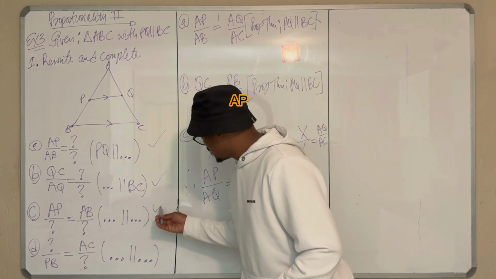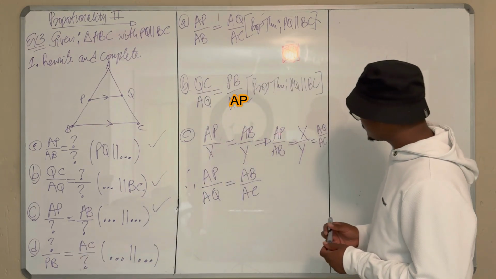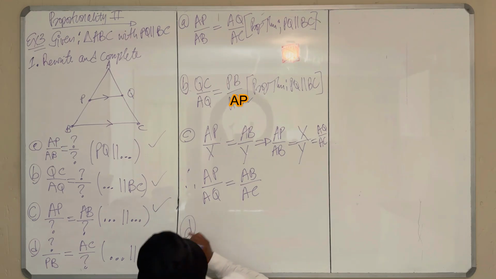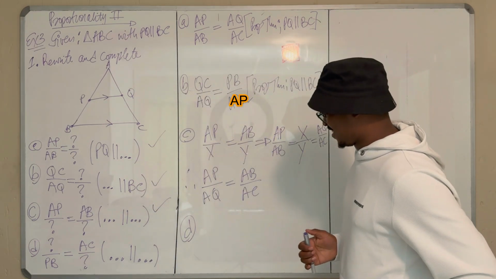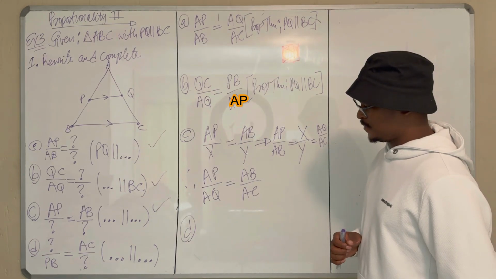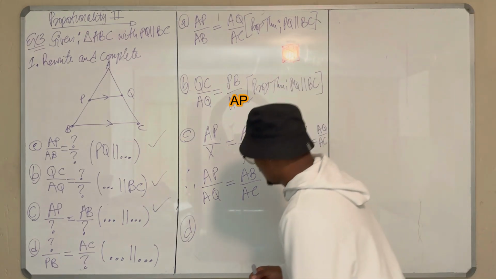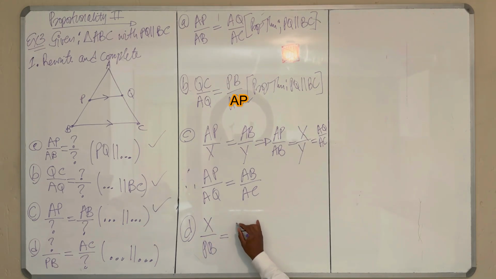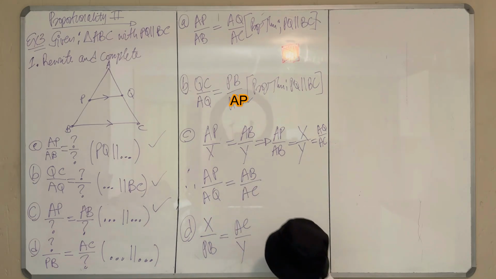That one, D. So AD. What do you think we should do at D? Okay, we have a question mark, so we can put X there. Let's say X over PB equals AC over Y. Then we can cross multiply here.